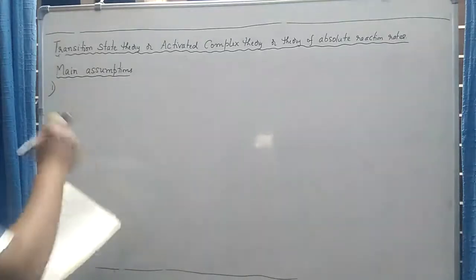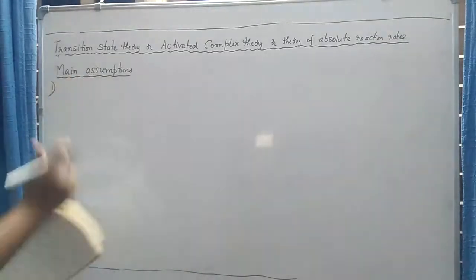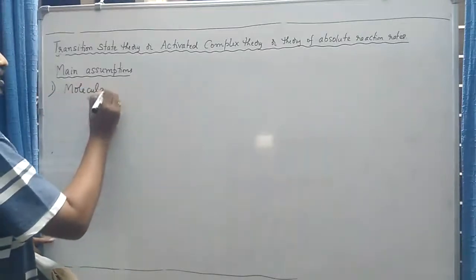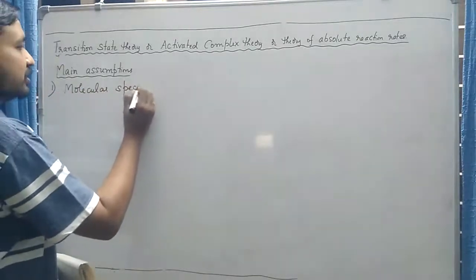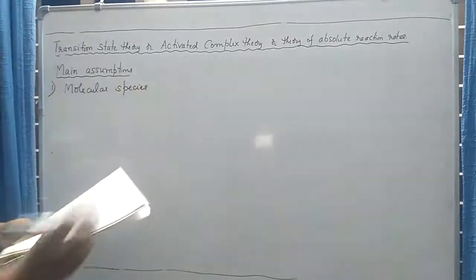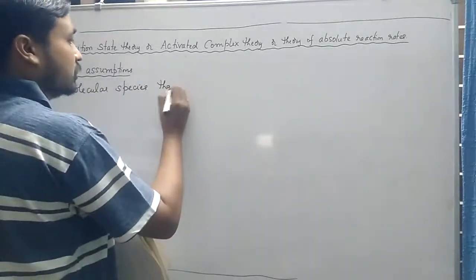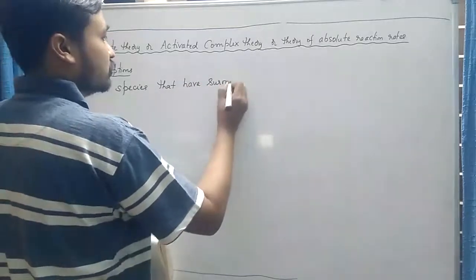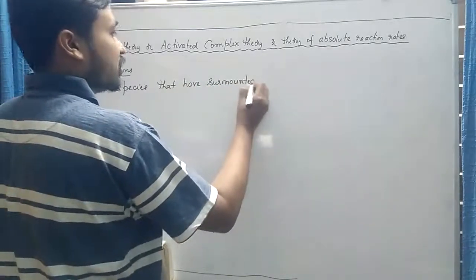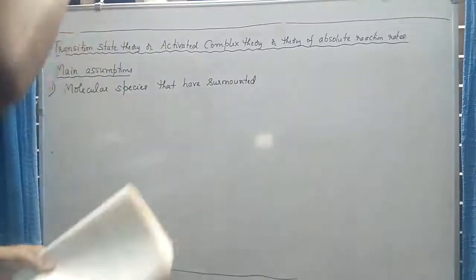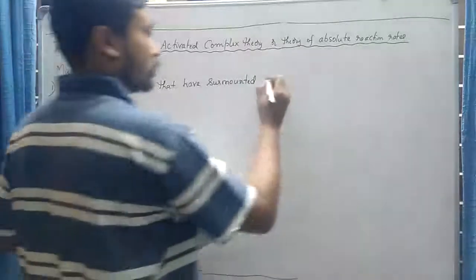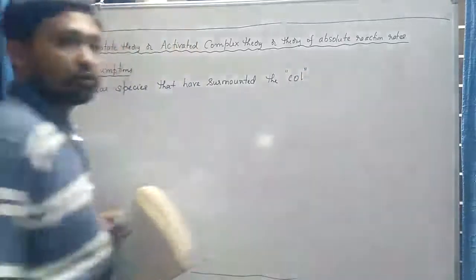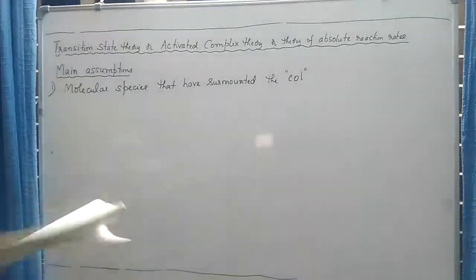The first postulate or assumption of transition state theory is that molecular species that have surmounted, that is, have reached the col, okay, I already told you what is col. It is the peak of our potential energy diagram.